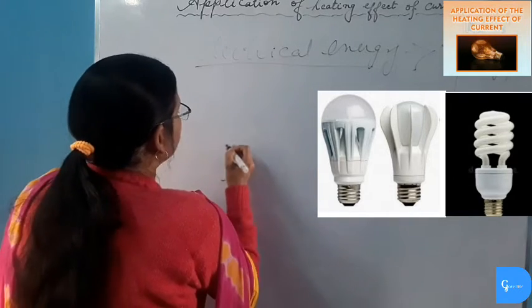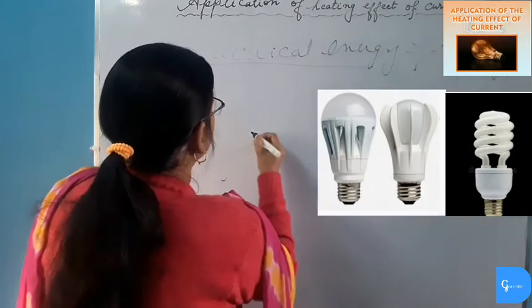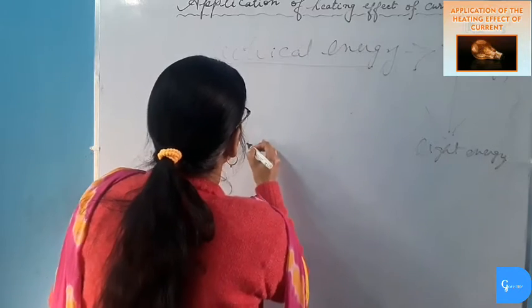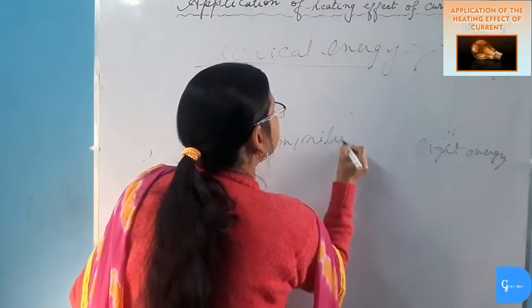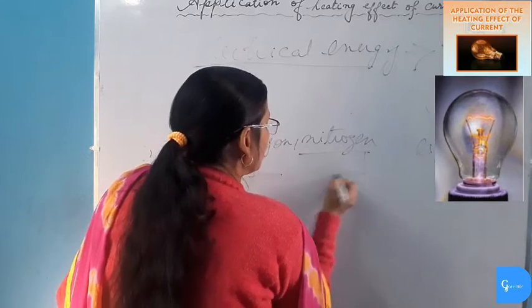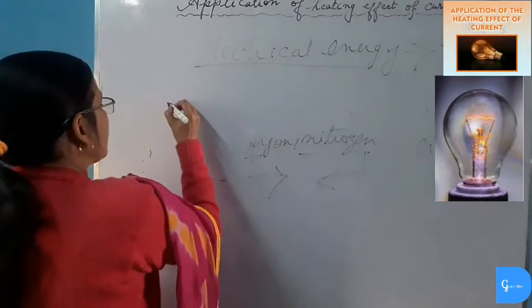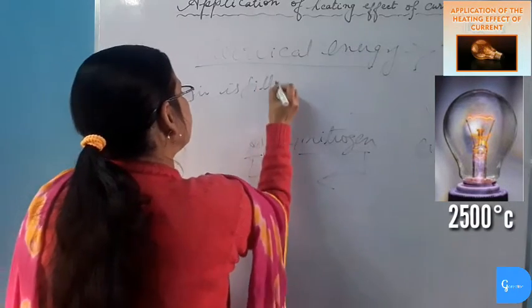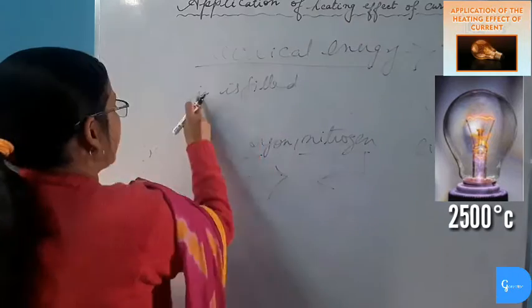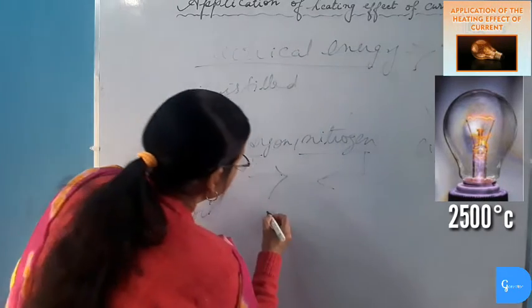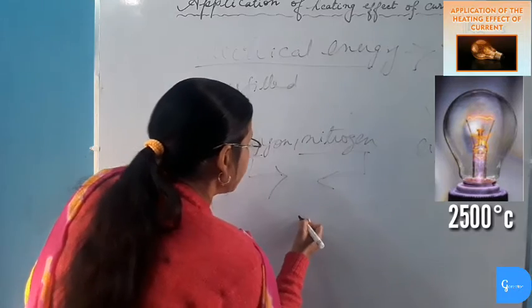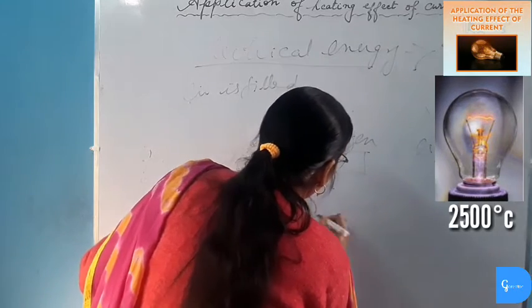Inside, the filament bulb is filled with inert gas or inactive gas like argon and nitrogen, or the mixture of both is used to fill up the bulb, because if air is filled in this filament bulb, the air contains oxygen, so it undergoes oxidation reaction, and when the tungsten becomes white hot, then it burns in presence of oxygen.